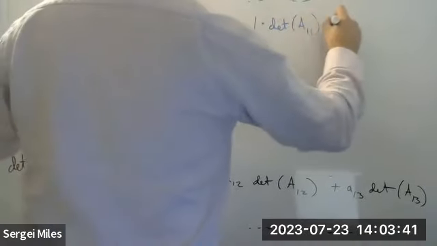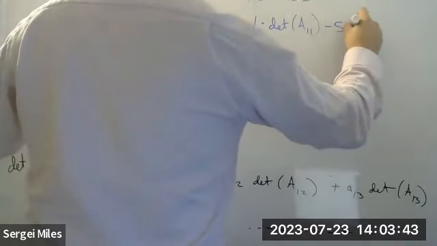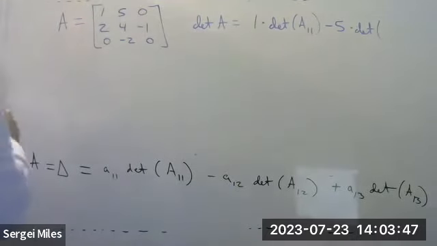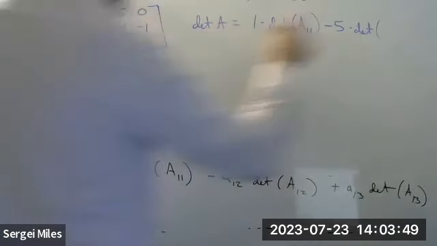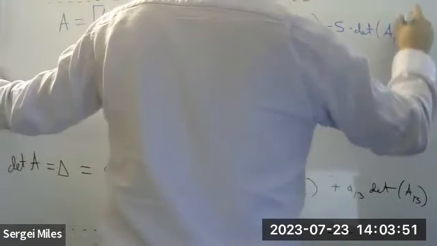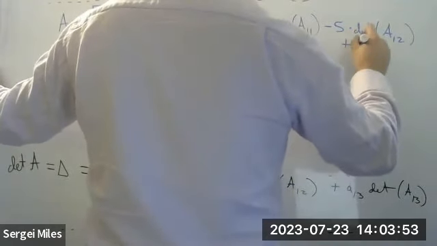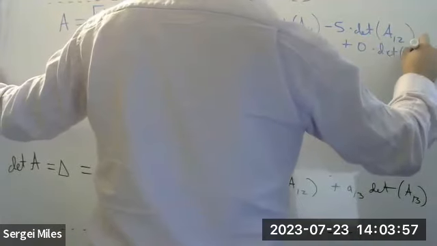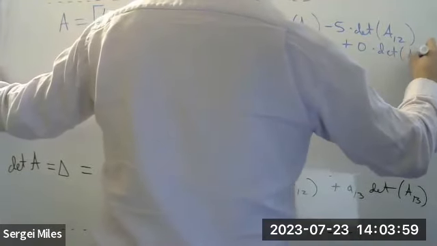I'm going to do -5 times the determinant where its corresponding row and column is marked out. That's going to be A12. And I'm going to add 0 times the determinant of the submatrix A13.